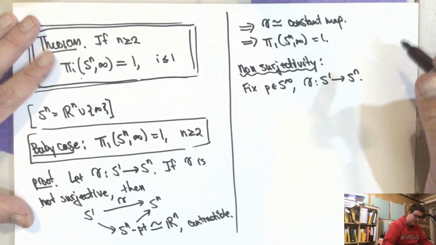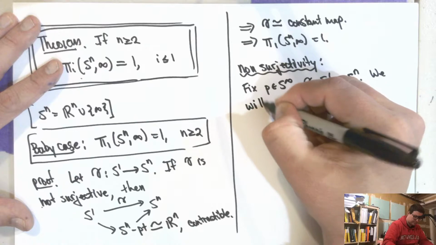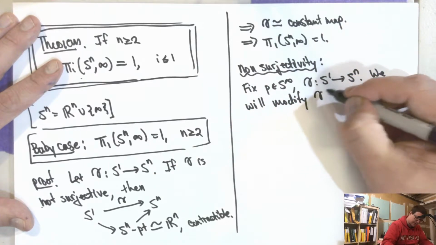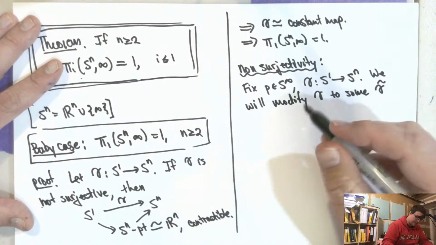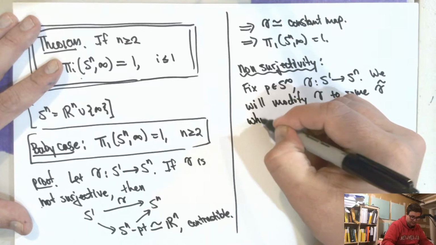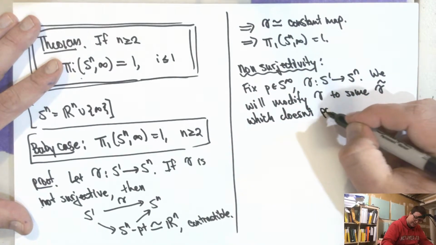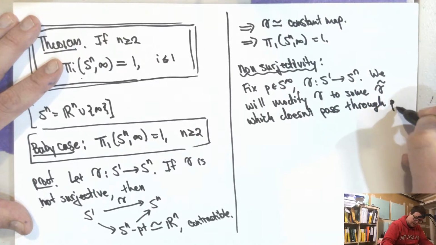We will modify gamma to some gamma tilde which doesn't pass through p.